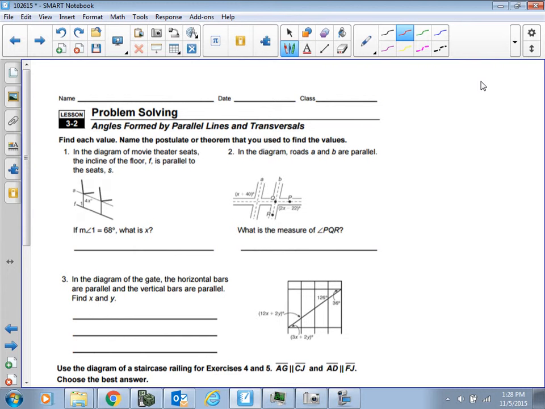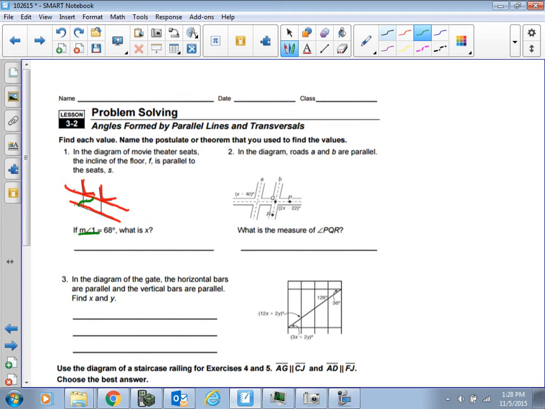Alright, looking at number 1. It tells you that F is parallel to S. Here are your movie seats, but that really doesn't matter. We know F is parallel to S. That means this angle that you have here and this angle that you have here would be alternate interior angles, which means they're equal to one another.